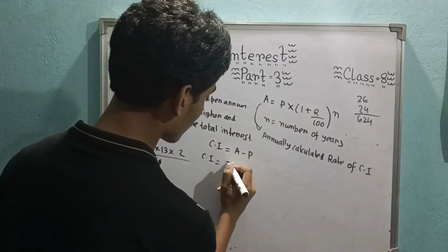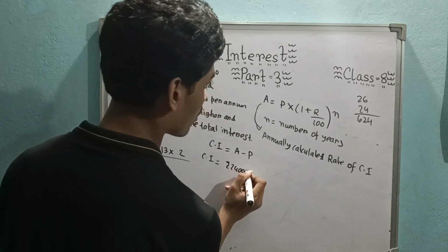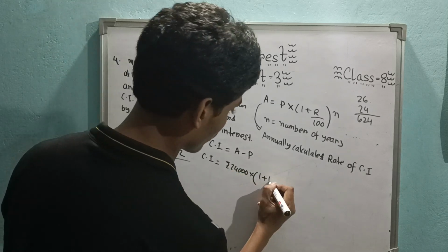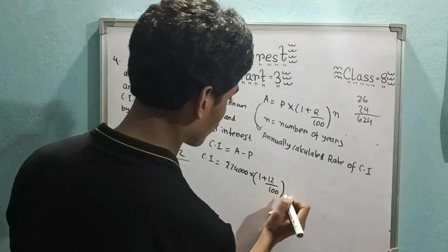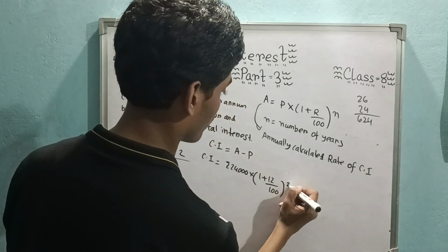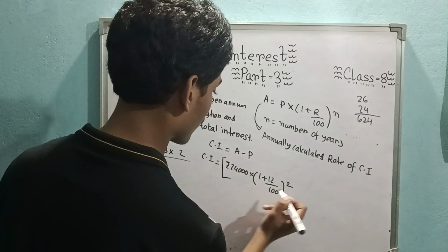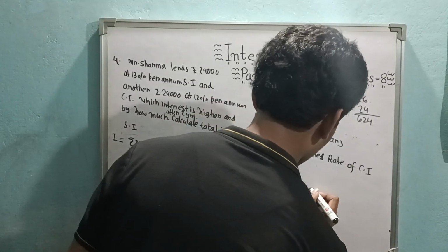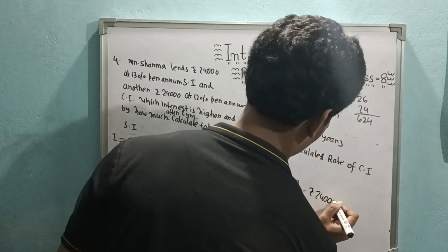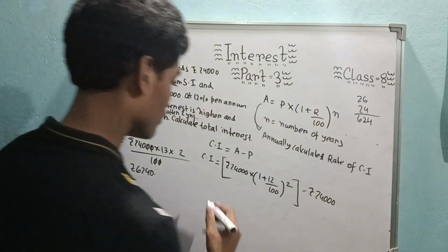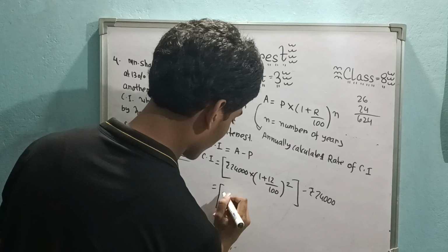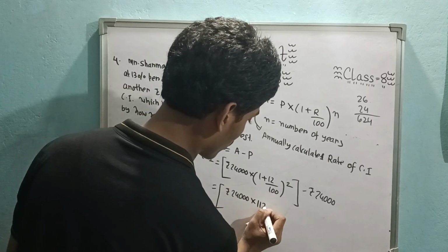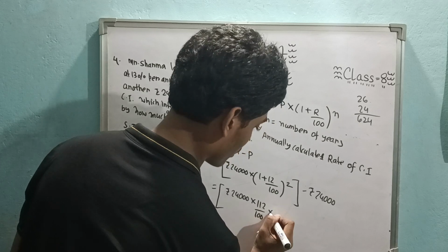Principal P rupees 24,000 into 1 plus the rate of interest 12 by 100 to the power time 2 years. This whole minus my initial principal 24,000. Equal to rupees 24,000 multiplied by 112 by 100 into 112 by 100.